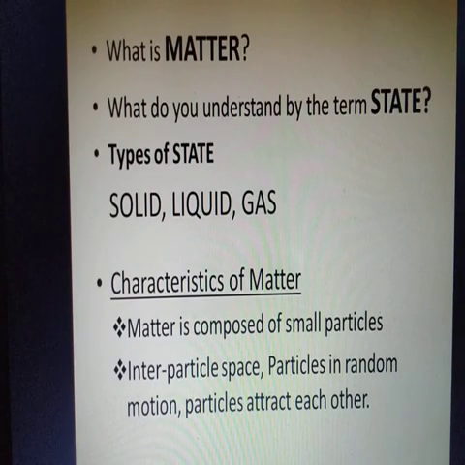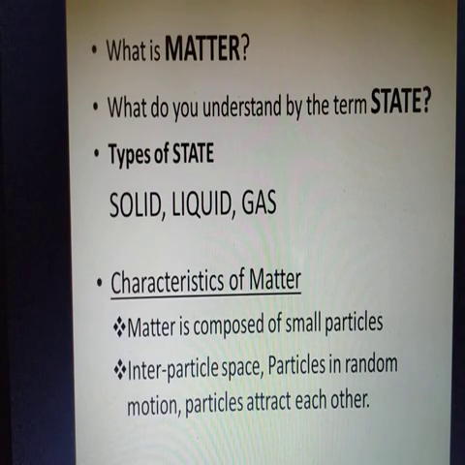We want to elaborate on this point: anything which we can see, feel, taste, touch, if it satisfies all these parameters, we will term that substance as matter.